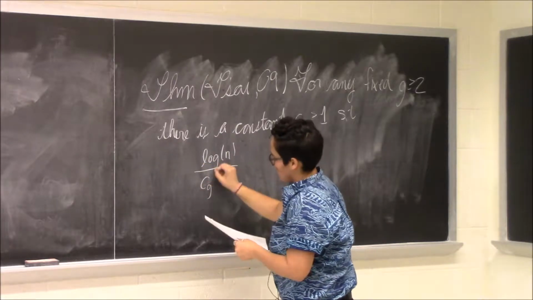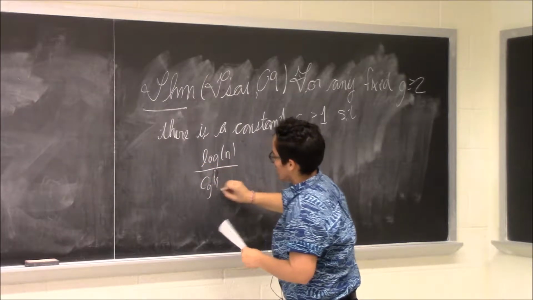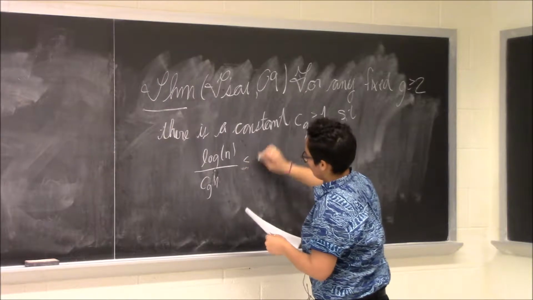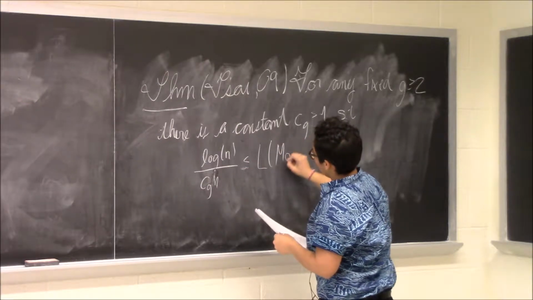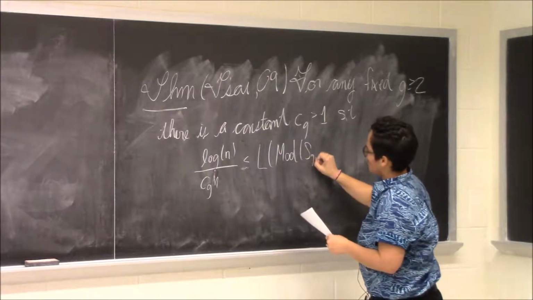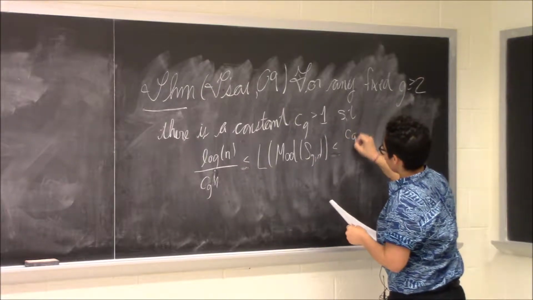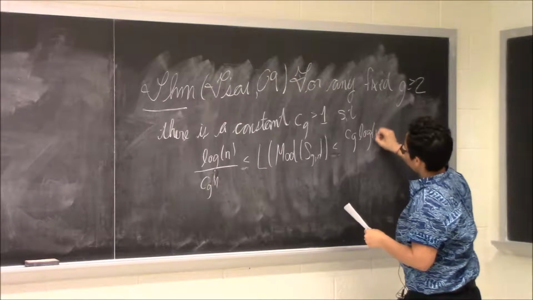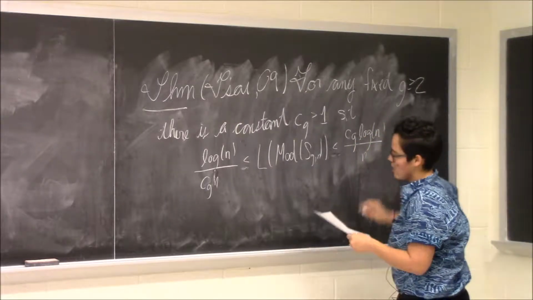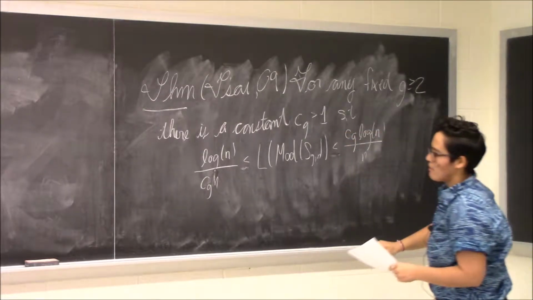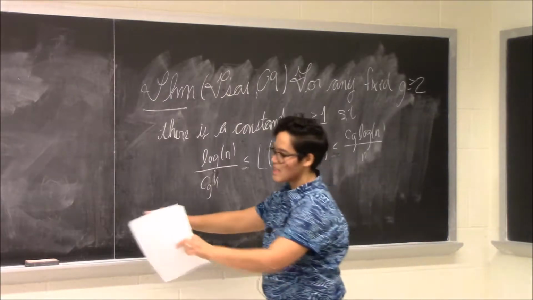So we have log n over this constant times n, and the least dilatation of a punctured surface, and then G log n. And so here we have a different behavior, but similar at the same time.